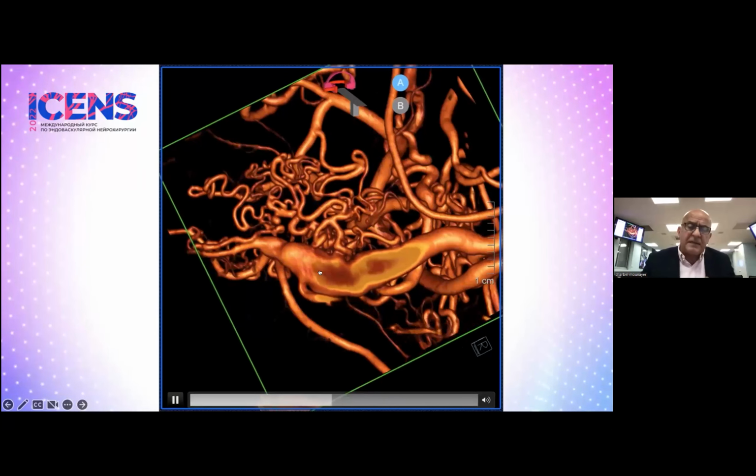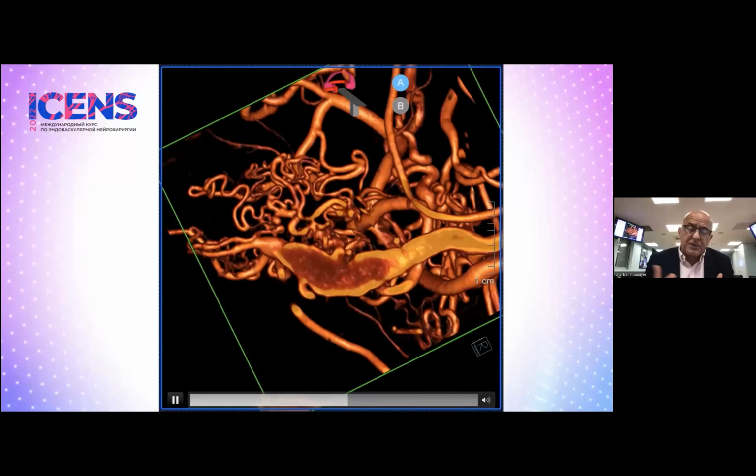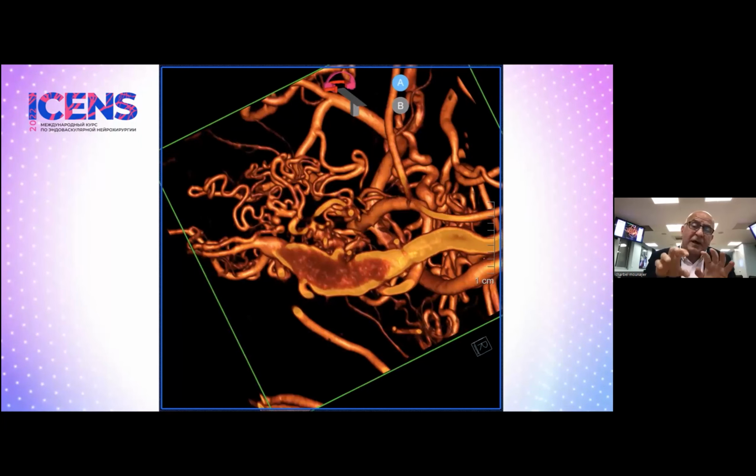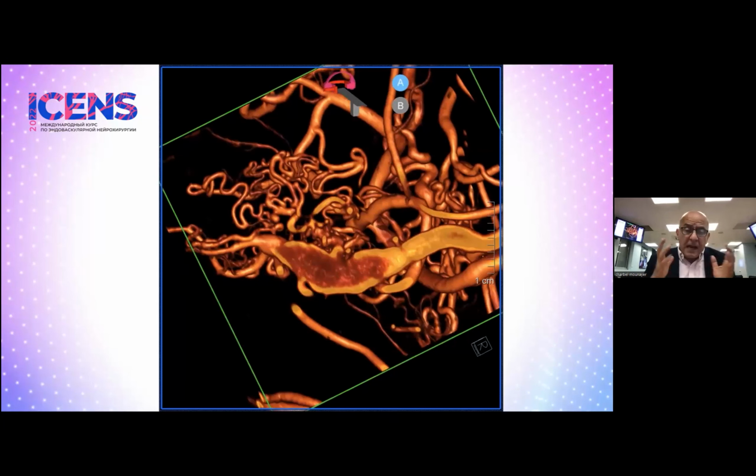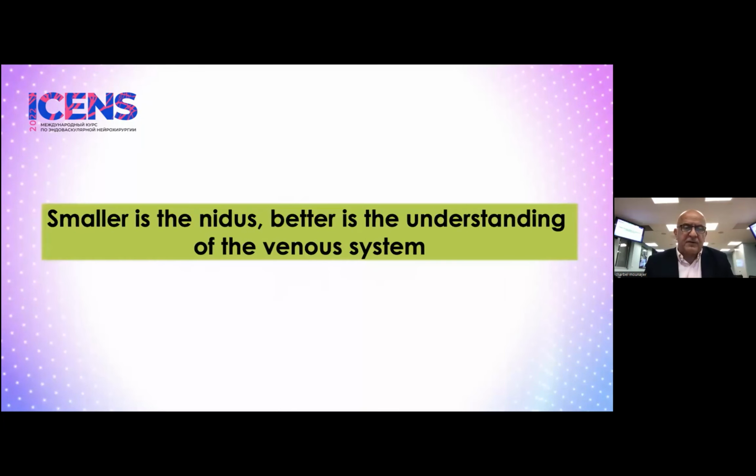And you will see afterwards, during the presentation, how understanding inside the nidus how the vein is connected is really important in terms of risk of bleeding of the AVM after the treatment.